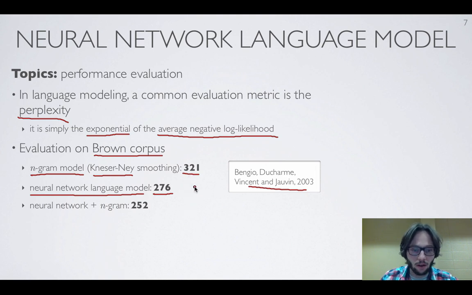So a gap of almost 50 like this is actually quite big in the realm of language modeling performance. And then in language modeling, usually combining models, for instance, creating an ensemble of the neural network and the n-gram model by just taking the average of the probability of each model, also gives an even better performance. So we see that with just the neural network, we already do much better. And then if we already had an n-gram model, combining it with the neural network actually adds even more.